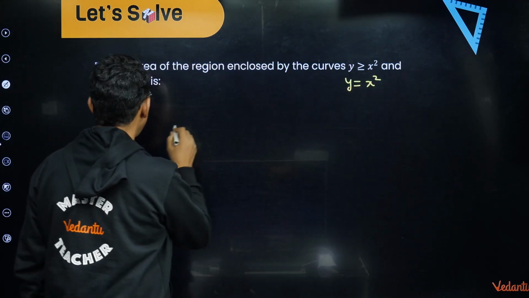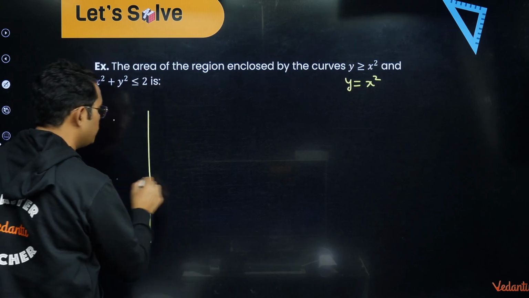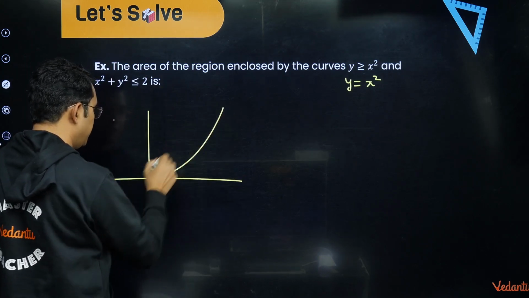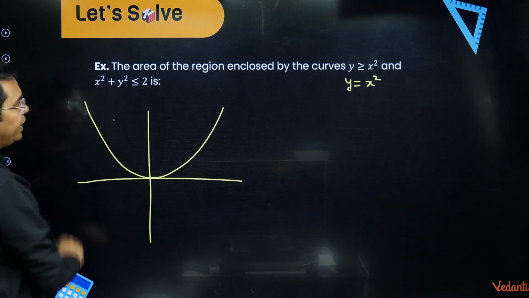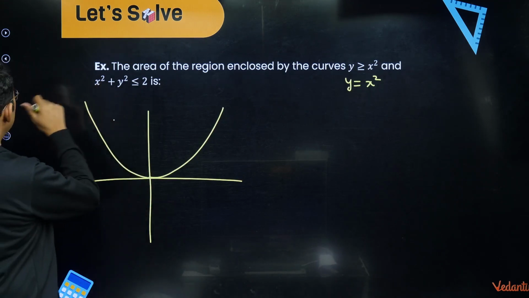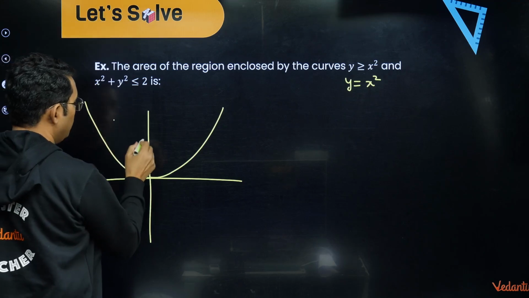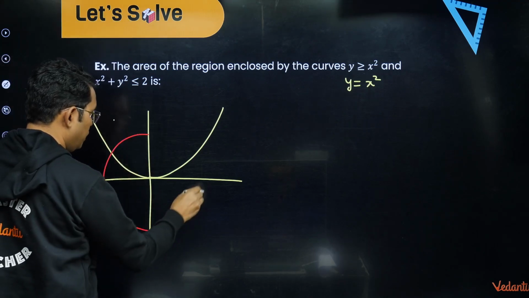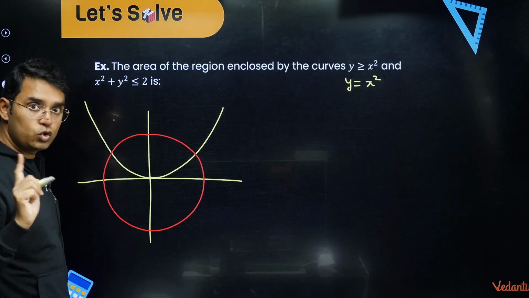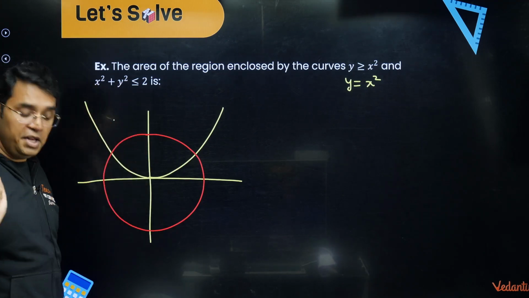In fact, that will be an upward opening parabola passing through the origin. The origin will be the vertex of this parabola. And x square plus y square equal to 2 is a circle whose center is at the origin and radius is root 2, if I ignore the inequation sign.